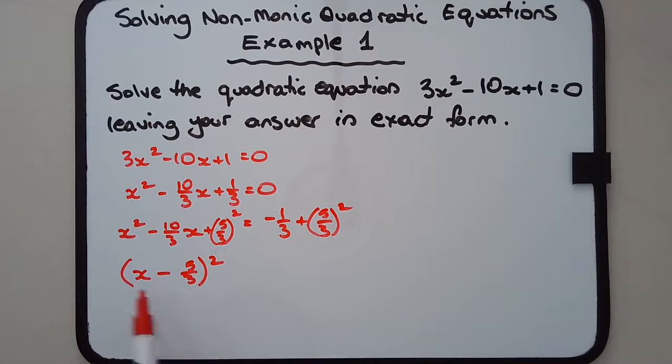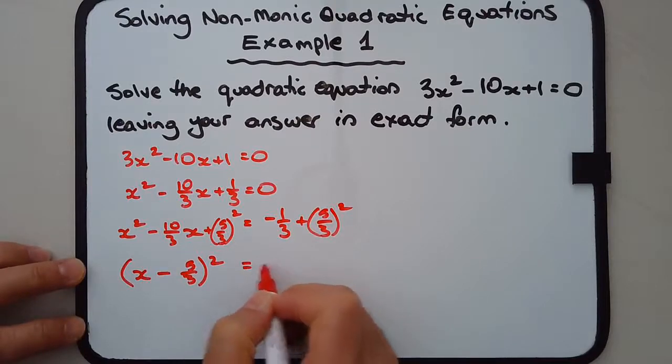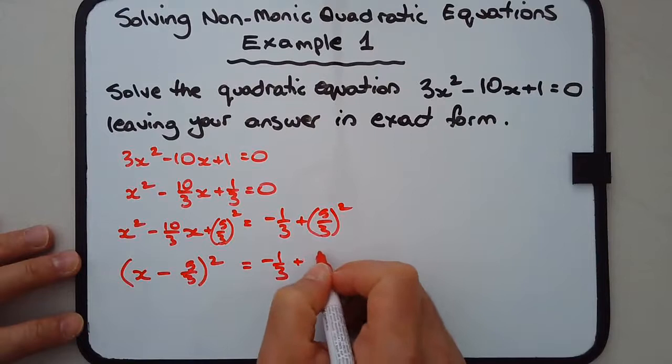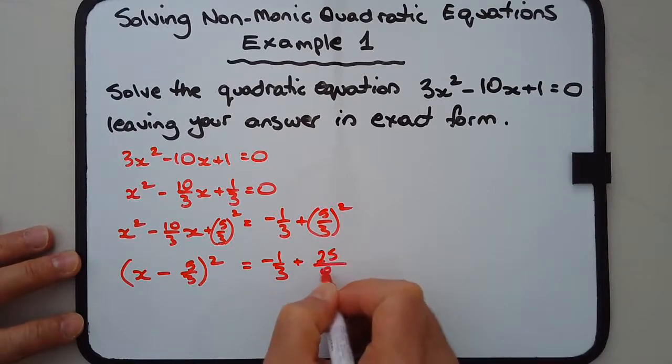So x times negative 5 on 3 times 2 will equal negative 10 on 3 x. And that's equal to negative 1 on 3 plus 25 over 9.